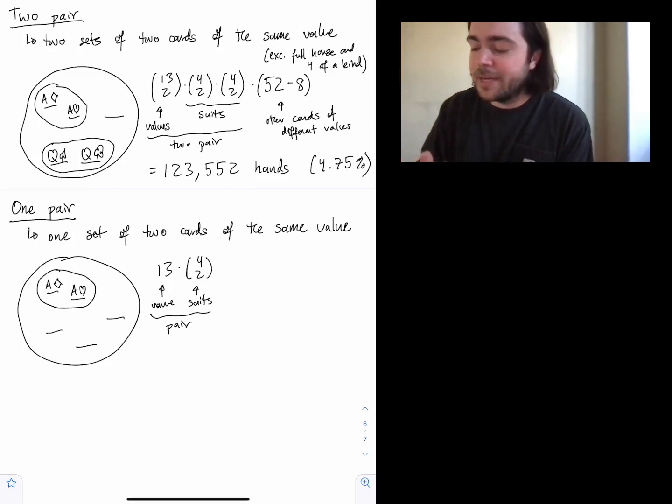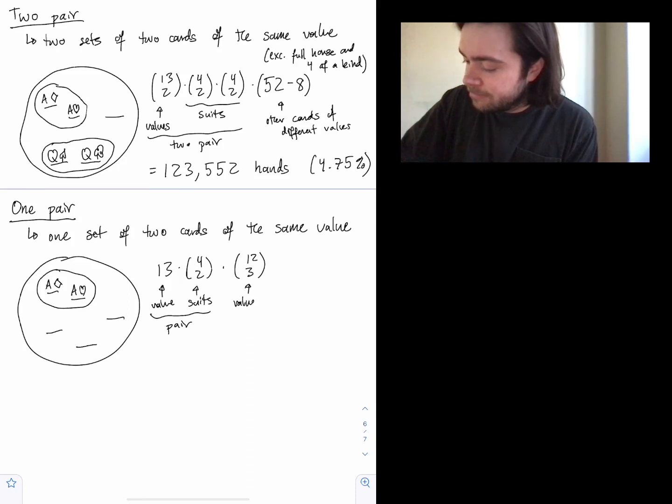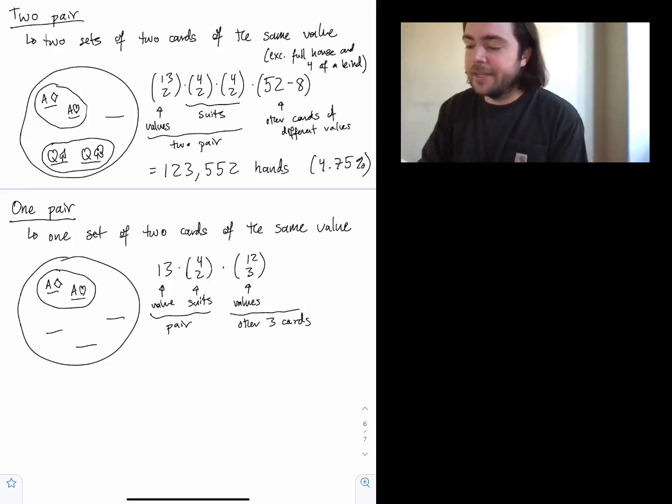So that's 12 remaining values, and I need a subset of size 3. I can't have any repeats. So that's 12 choose 3 choices for the other values. And this is going to be for the other 3 cards, avoiding everything we need to avoid.